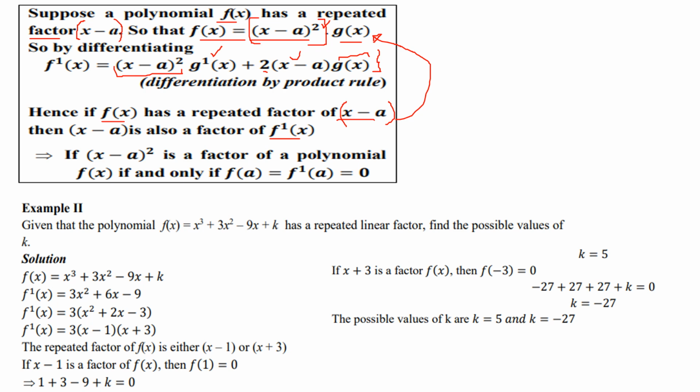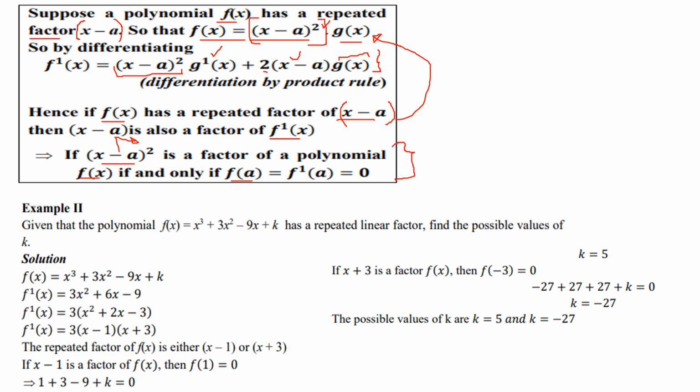So you have to be very keen when approaching such questions, because such questions are highly examinable whenever we are setting simultaneous equations. Therefore, if x minus a squared is a repeated factor of the polynomial function f of x, you equate this factor, your divisor, to 0, and then you make x the subject.